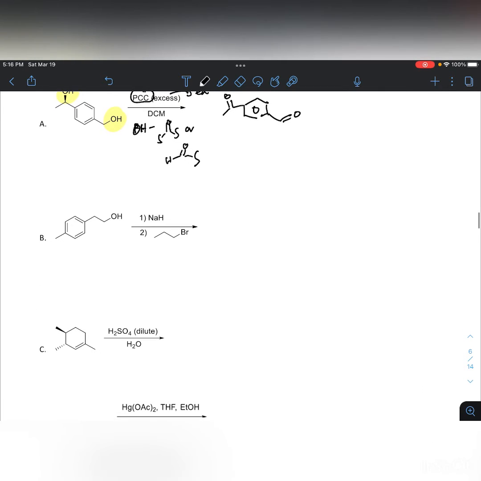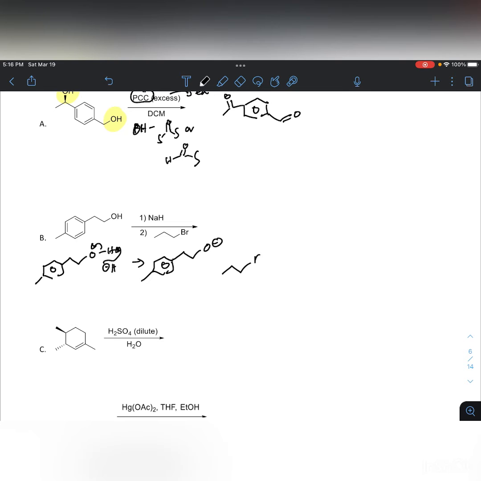Looking at B, we have sodium hydride. We also have this alkyl halide. So the way this mechanism goes is that sodium hydride will just deprotonate this hydrogen. And then you now basically have your nucleophile.